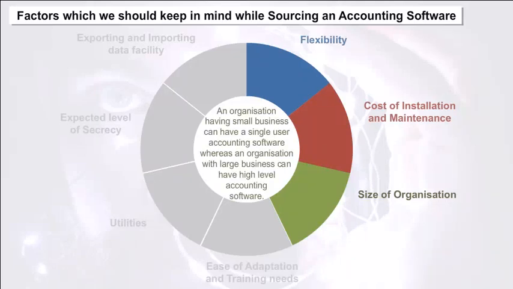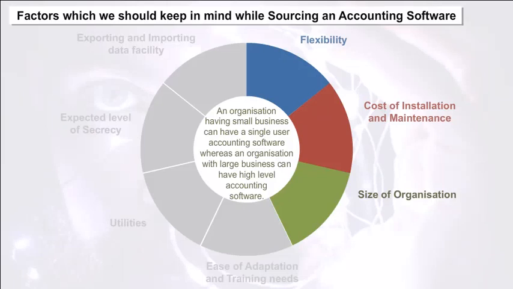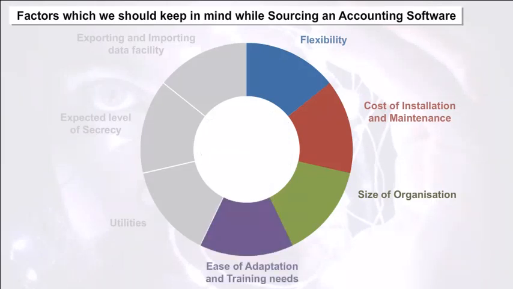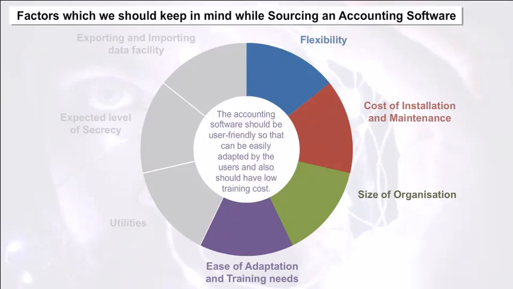An organization having a small business can have a single user accounting software, whereas an organization with large business can have high-level accounting software. Ease of adaptation and training needs. The accounting software should be user-friendly so that it can be easily adapted by the users and should also have low training cost.